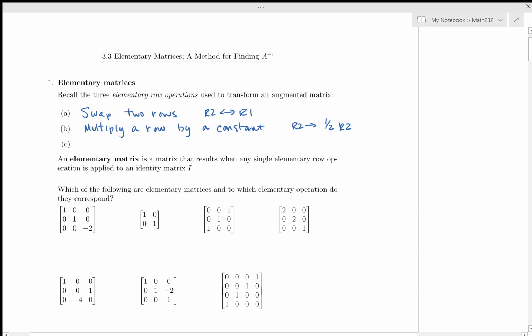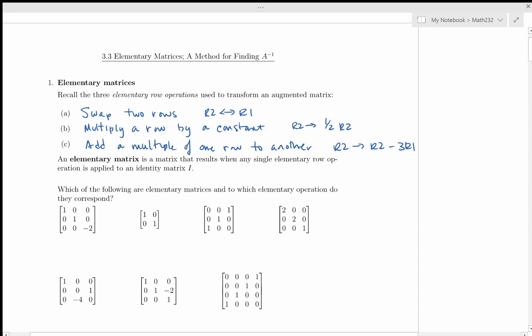And the most complicated of the 3 is adding a multiple of one row to another. So for example, row 2 could become row 2 minus 3 row 1.